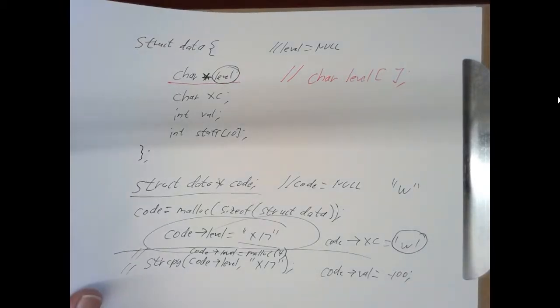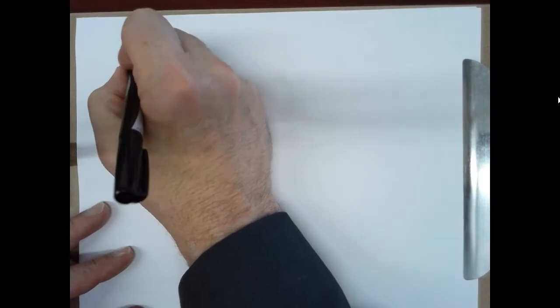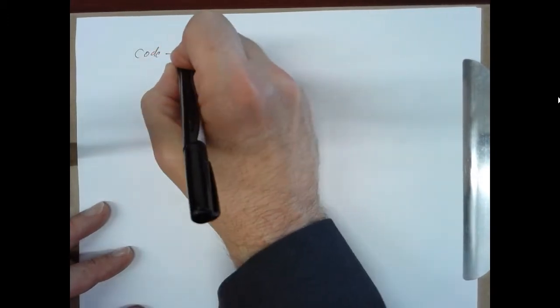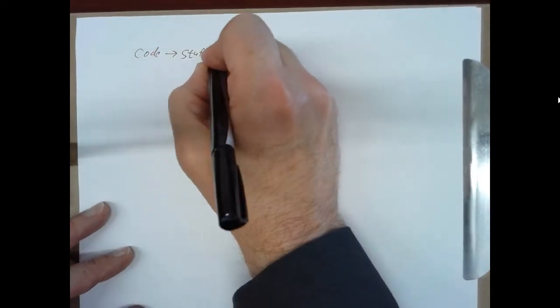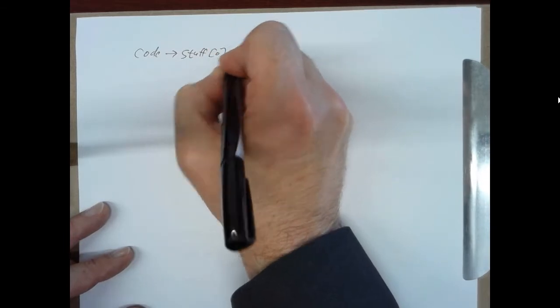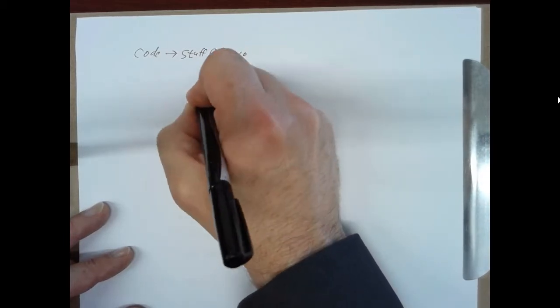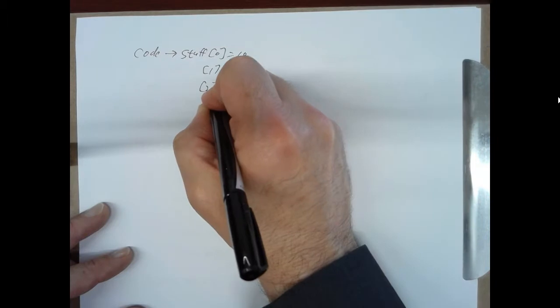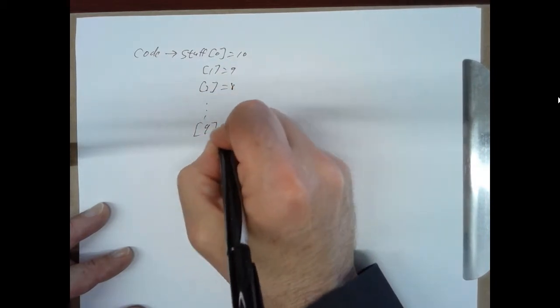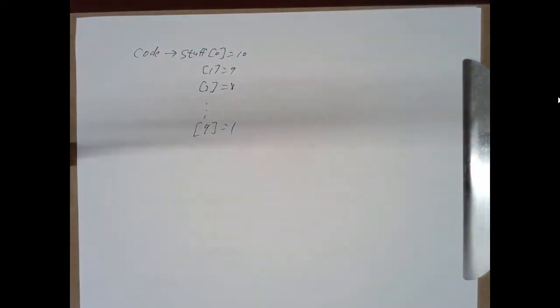That was pretty straightforward. And the last part was to set this array named stuff to take on those 10 values in that order. So code stuff, bracket 0 should be 10, bracket 1 should be 9, bracket 2 should be 8, and bracket 9 should be 1. And some people did it with 10 assignment statements, and that works.